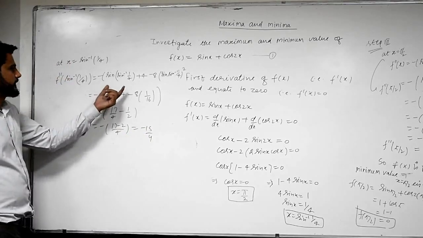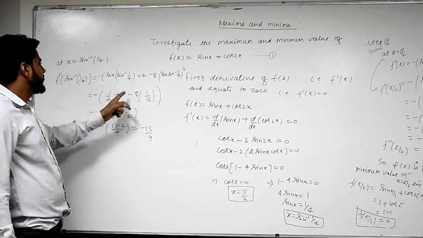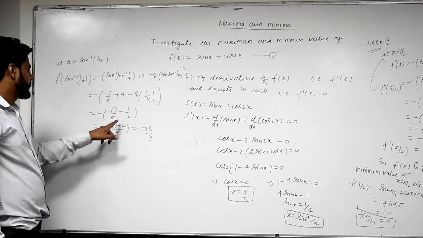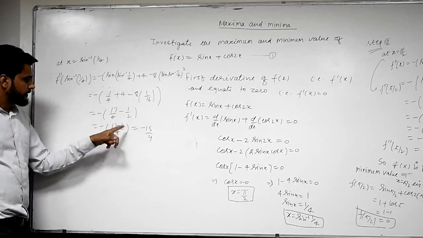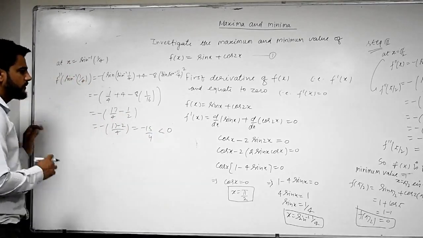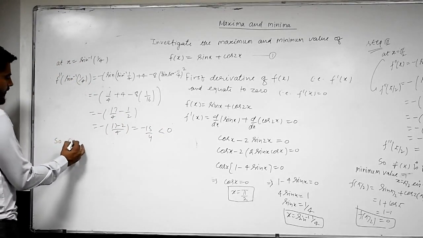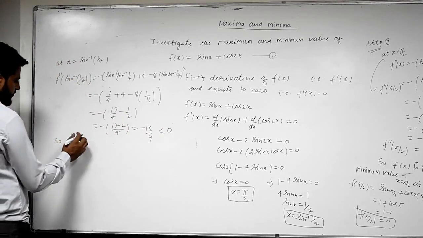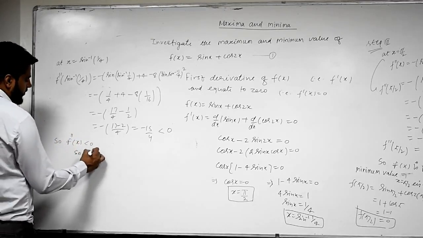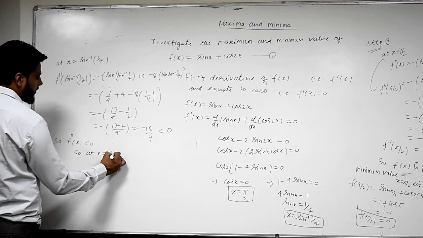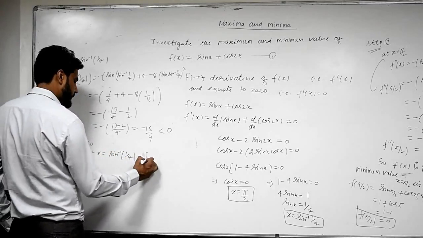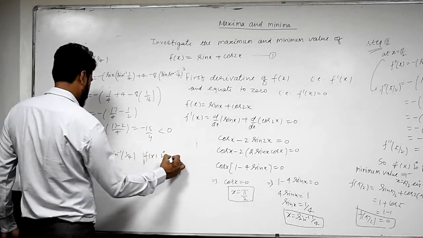So that means minus 17 minus 2 by 4, which is minus 15 by 4. Again I will check: minus 1 by 4, 17 by 4, minus 8 into 1 by 16 is 1 by 2, so 17 by 4 minus 2, 15 by 4. That means the value is negative, less than 0. So f double dash x is less than 0. So at x equals sin inverse 1 by 4, the function f(x) is maximum.